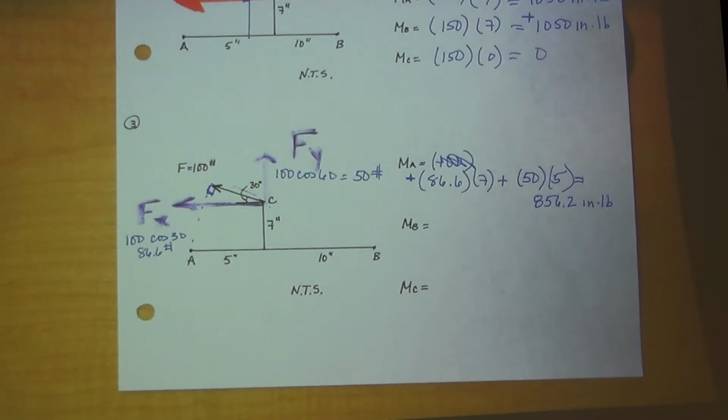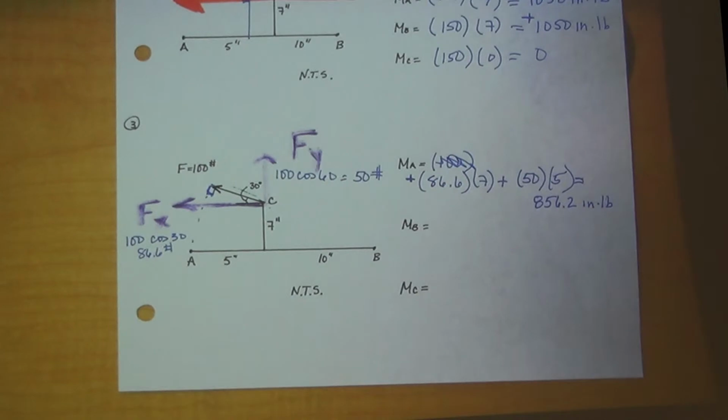I put my palm towards A and a positive. Then Fy was 50. The perpendicular distance from Fy to A is 5. And it also creates a positive moment. Questions about calculating that one?